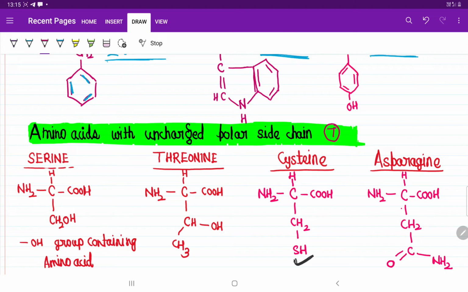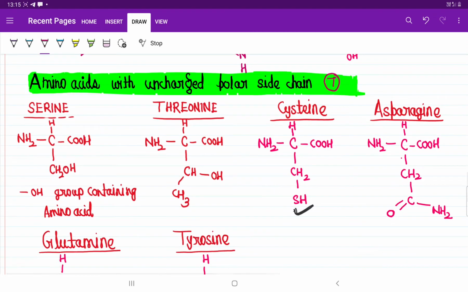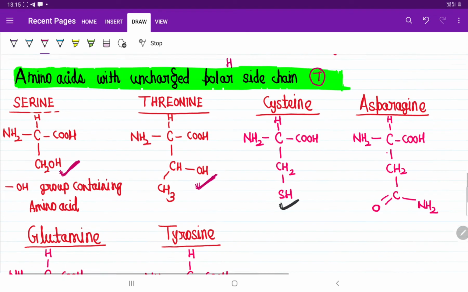So at physiological pH, this amino acid side chain, the R group, is uncharged. Serine is an OH group containing amino acid. Threonine is also an OH group containing amino acid. Cysteine is an SH group containing amino acid.